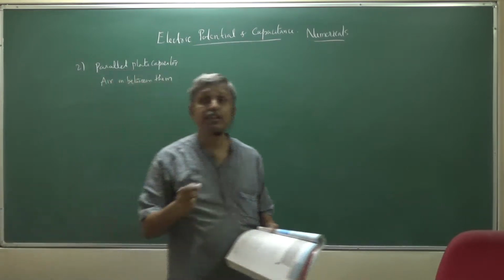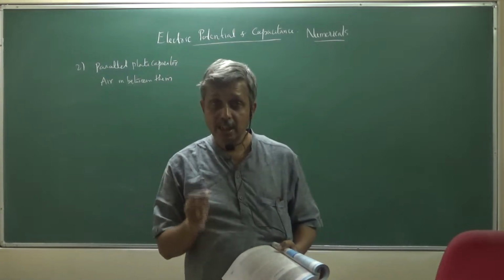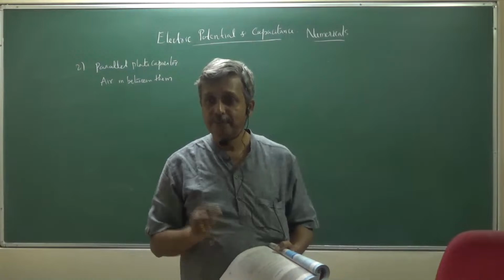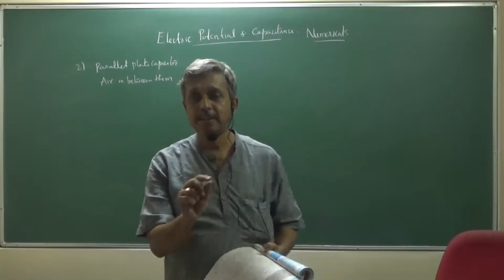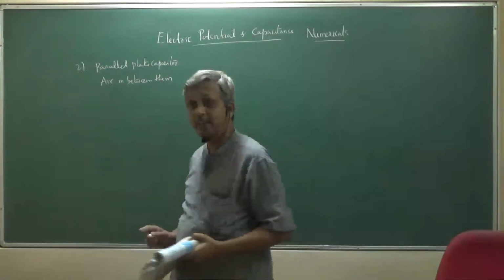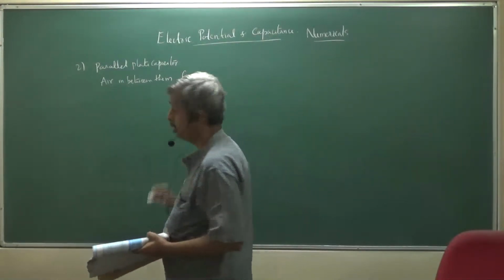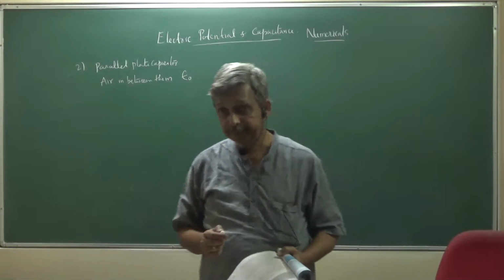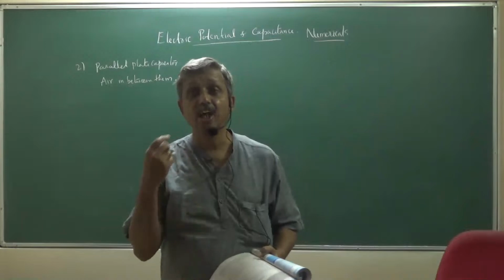The inputs, the data that are given in the question, need not be only in terms of numbers. In terms of these words, data is given here. The word is that there is air in between them. Air in between them means we have to consider epsilon naught and not the relative permittivity or dielectric constant.